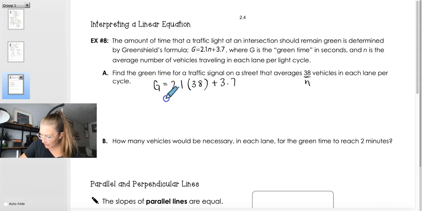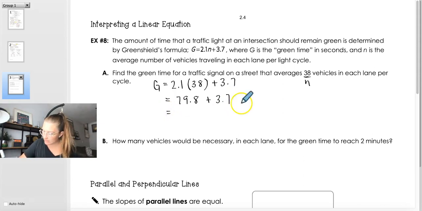Alright, if we did this, and personally I despise decimals, if there's decimals, go for a calculator. I don't really care. If there's fractions, don't you dare take out a calculator. So 2.1 times 38 is going to give me 79.8. Or if you just want to do it the long way, do it off to the side. Plus my 3.7.